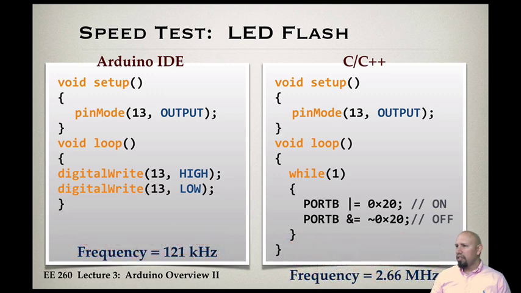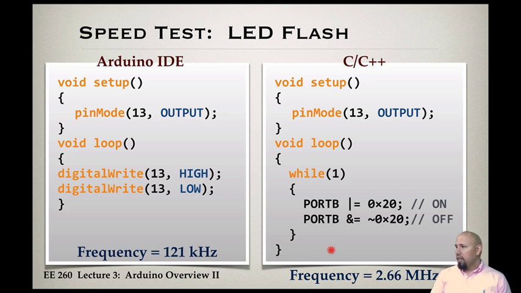Well, here are the results. So basically, if we use this, we will get a square wave that has a frequency of 121 kilohertz. That's the frequency of the on-off that we get here, which is pretty fast, a lot faster than you can see it.